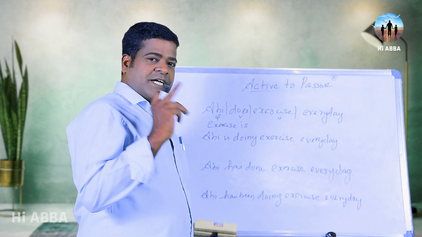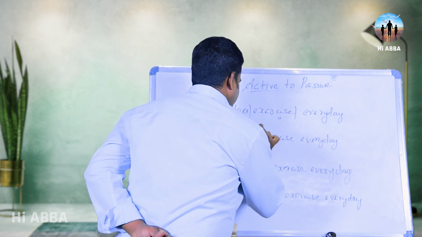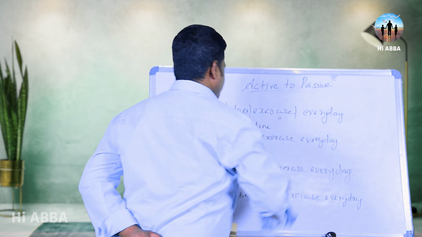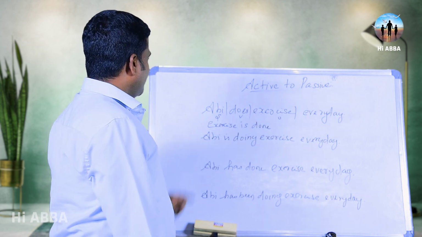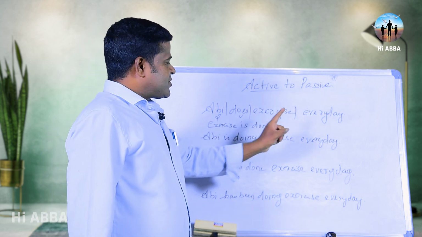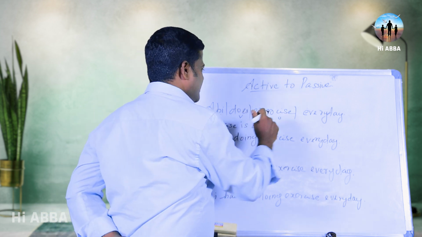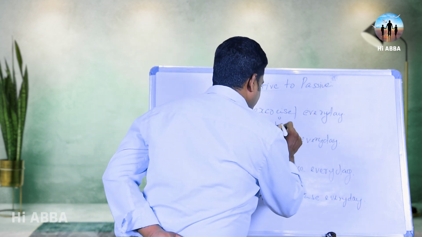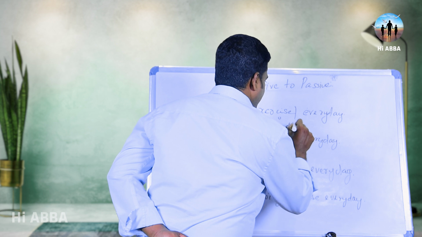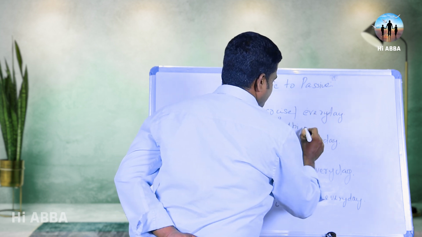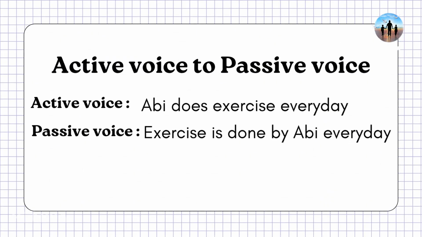The V3 of does is done. Then the subject has to become object, added with by. So this subject Abhi will become object, added with by: by Abhi. Then the rest of the things we will write as it is: every day.